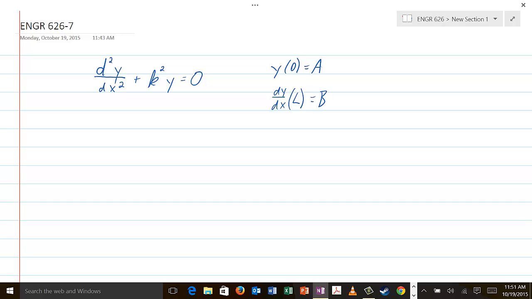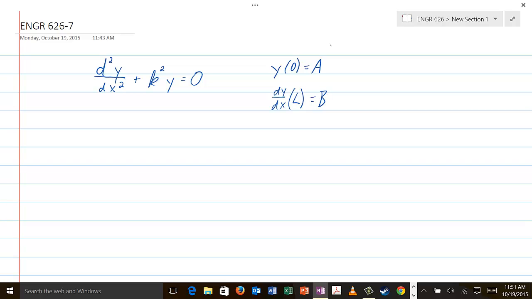And then the second boundary condition, dy dx at L is equal to B, is called a Neumann boundary condition, because it's a boundary condition on the derivative of the function rather than on the function itself.